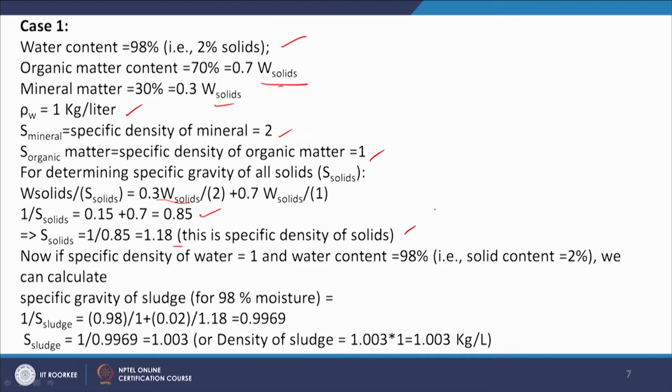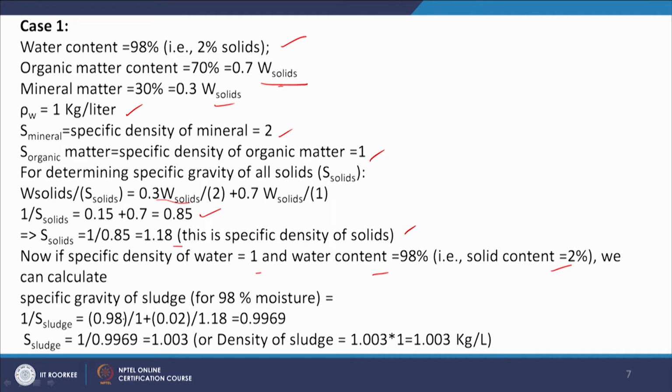Now, if specific gravity of water is 1 and water content is 98%, it is given. Okay. So, solid content in this case is 2%. So, we can calculate the specific gravity of sludge, not solid, for 98% moisture, that is 1 by specific gravity of sludge, that is equal to solid content in the sludge divided by specific gravity of solid, plus water content of the sludge divided by specific gravity of water.